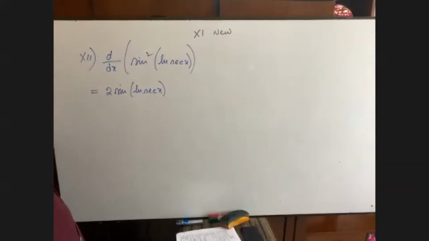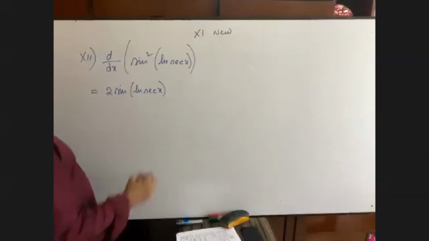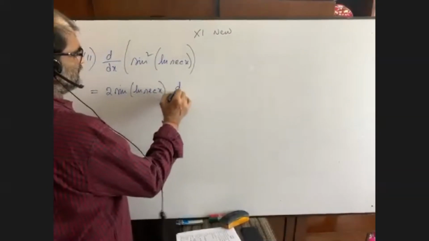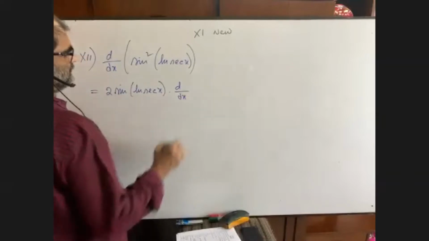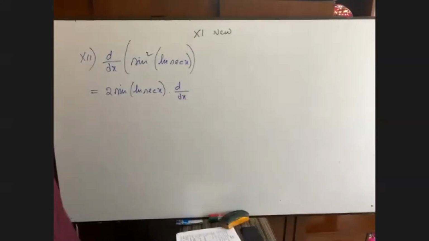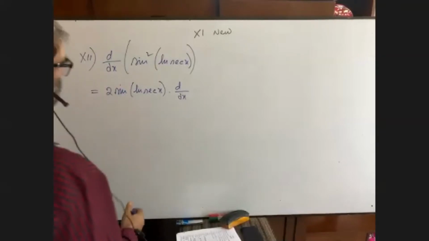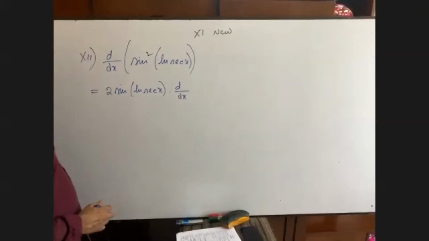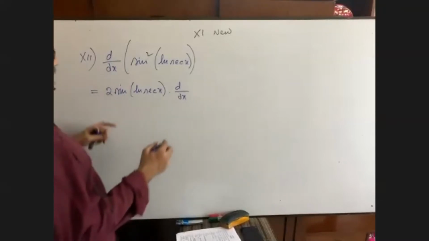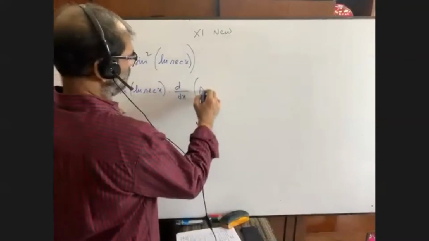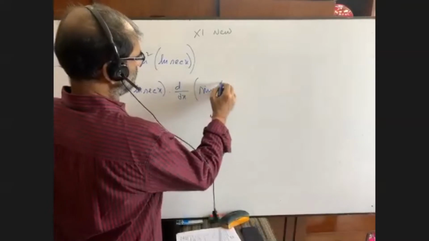Now let me know what is x here in this math. What is x? Sine ln sec x, ln sec x... no, the whole tail, sine ln sec x. Your x is this.